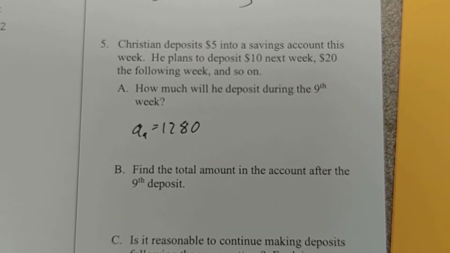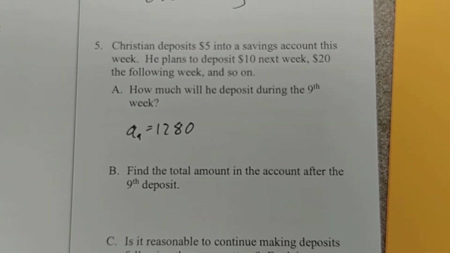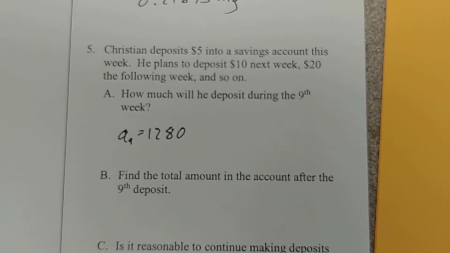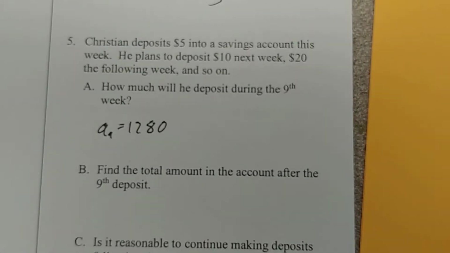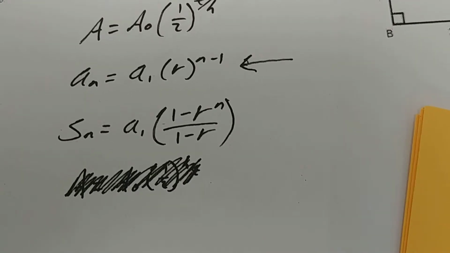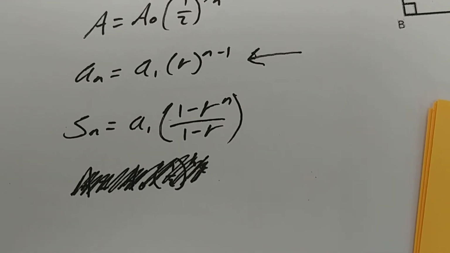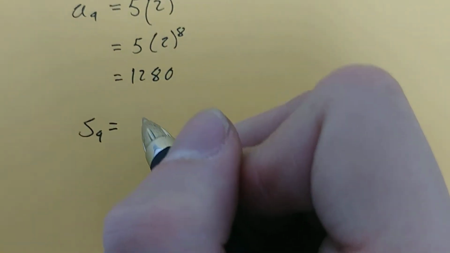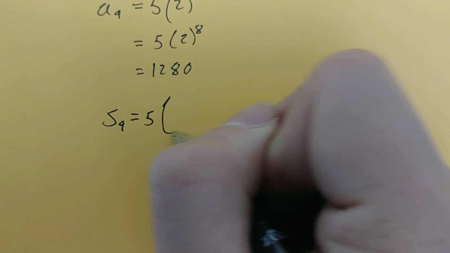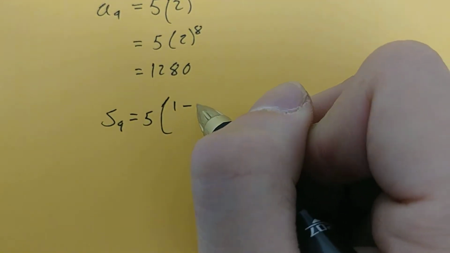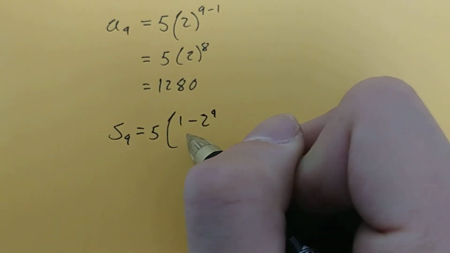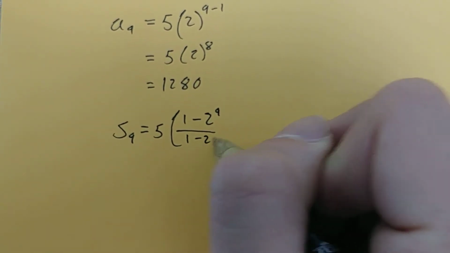So up to the 9th week, how much money is he going to have in his bank account? I'm going to be adding everything he has deposited so far up to the 9th week. So for that, I'm going to use my S for sum. S sub 9 is going to be equal to my initial amount, which is 5, multiplied by 1 minus my ratio, 2 to the 9th power, divided by 1 minus 2.